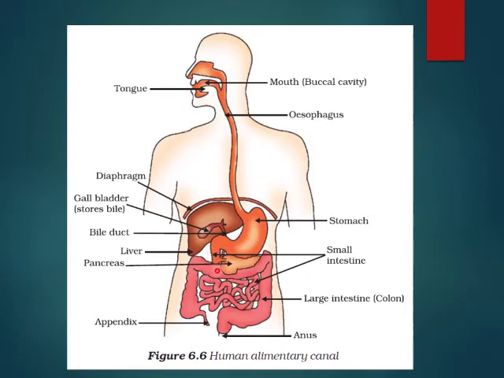The stomach opens into the small intestine, and the small intestine is connected to the large intestine. On one side of the large intestine there is the appendix, then the rectum, and then the anus. So this diagram you will draw in your notebooks and you will also write the explanation.